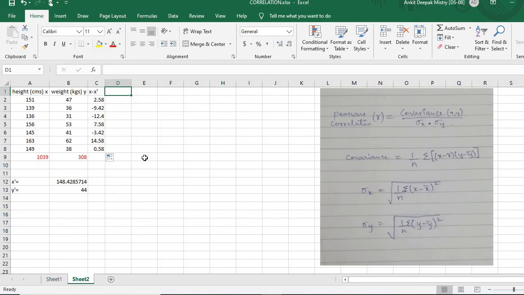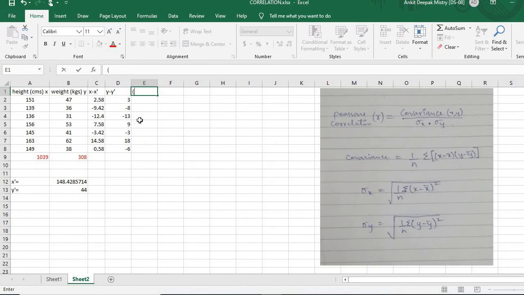So this is x minus x bar. The next thing would be to do y minus y bar, and the method would be the same. Y minus y bar is equal to y minus the mean, that's 44, and if we drag the whole thing, it would be copied. So now we have x minus x bar and y minus y bar.